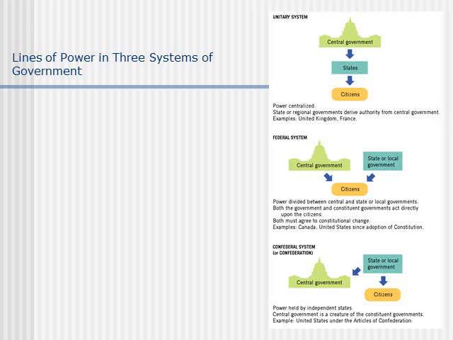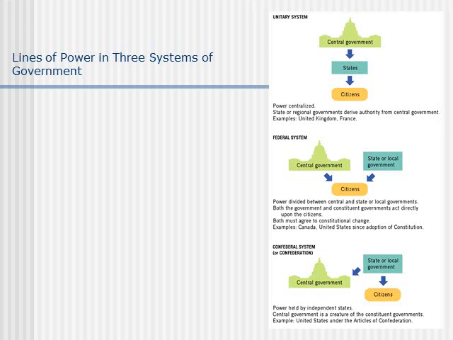In a federal system, you have a central government and you have state or local government systems, and they both exercise power over citizens. The power is divided between central and state or local governments. Really focus on state governments. Local governments in the United States are recognized and owe their existence to the recognition of the states.